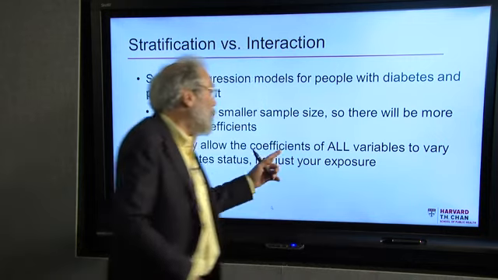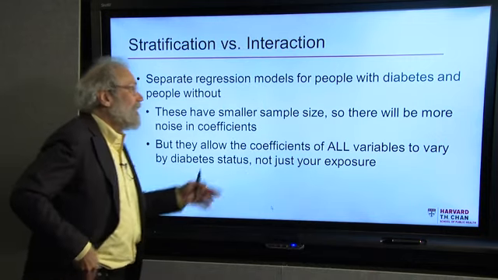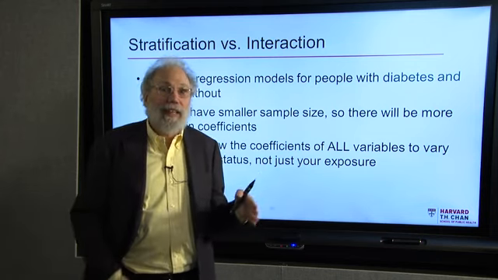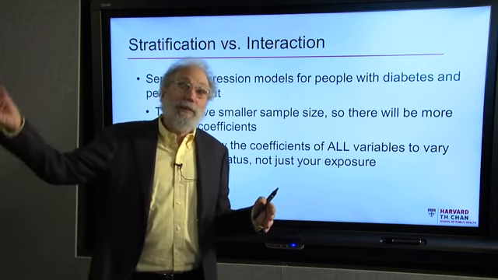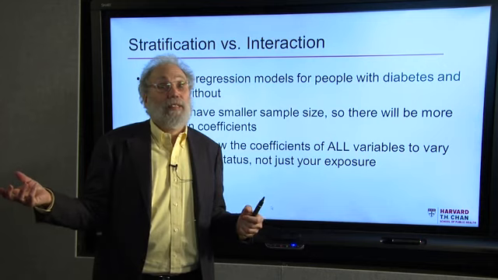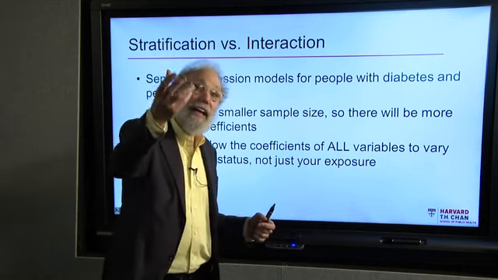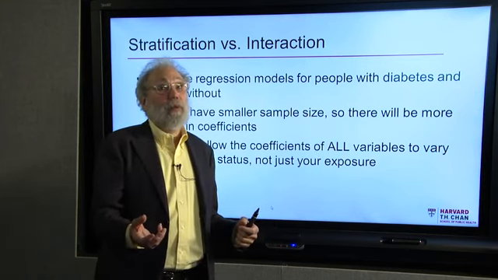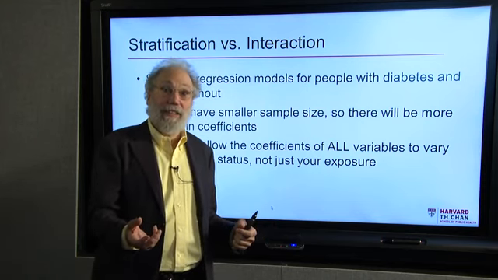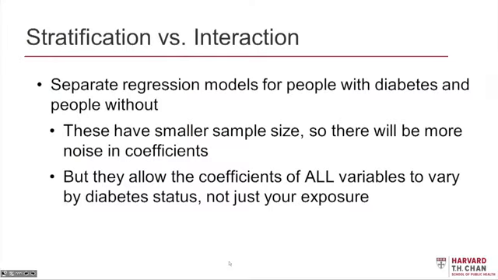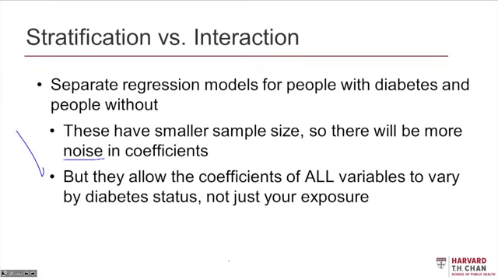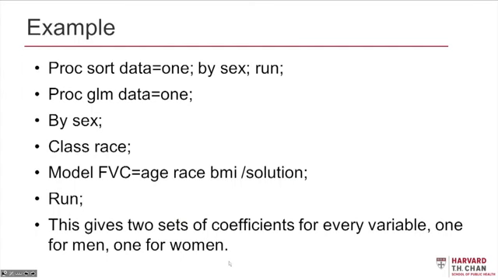And so if you allow all of them to vary, you are capturing the possibility that your exposure isn't the only exposure that's modified by having diabetes. Maybe the effect of age is different in people with and without diabetes, right? So that's a good thing. On the other hand, some of the variation in those coefficients is just going to be noise, and that's the bad thing.